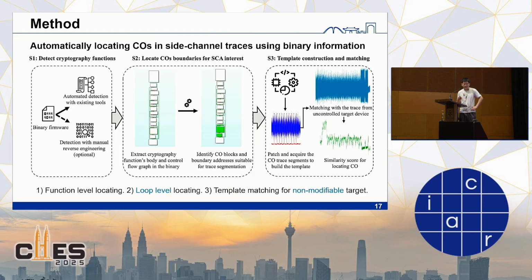The first one is we locate the cryptographic function, and then inside the function we focus on which blocks, like the loop body, correspond directly to the cryptographic operation. After that, we select the segments on the traces that correspond to them, and we build a template to perform template matching on our device that we cannot control.